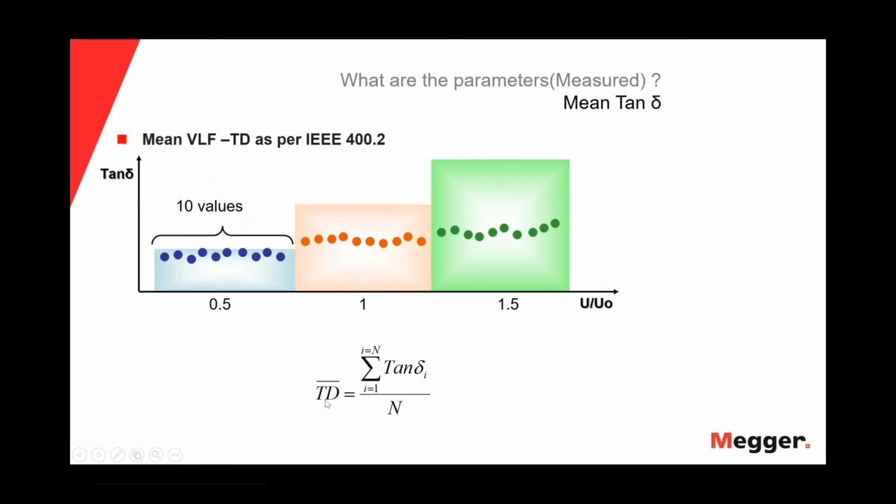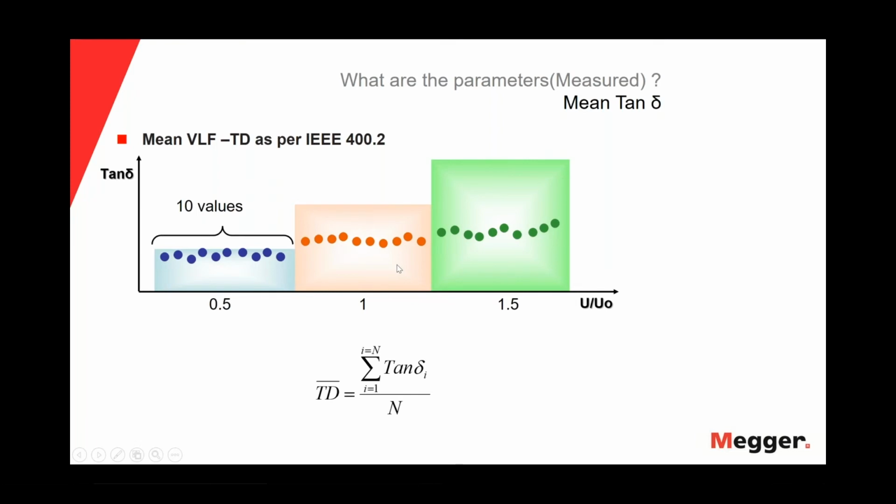That means that we sum all these tan delta values in each voltage step, and we divide by the total number of measurements, in this case, once again, 30.